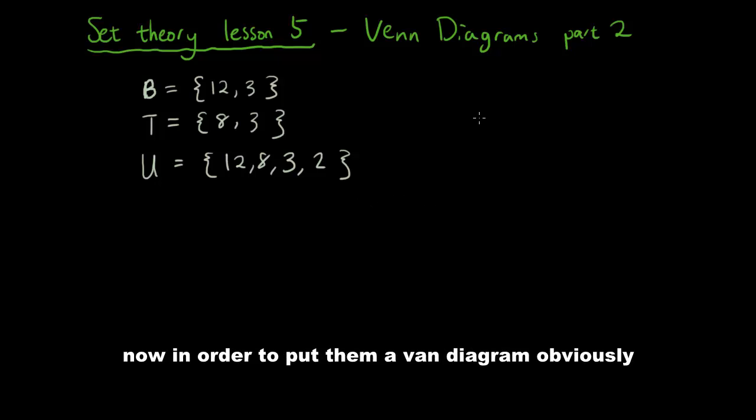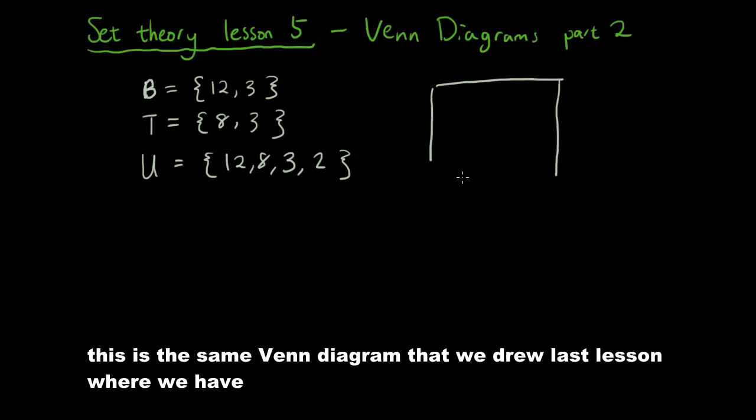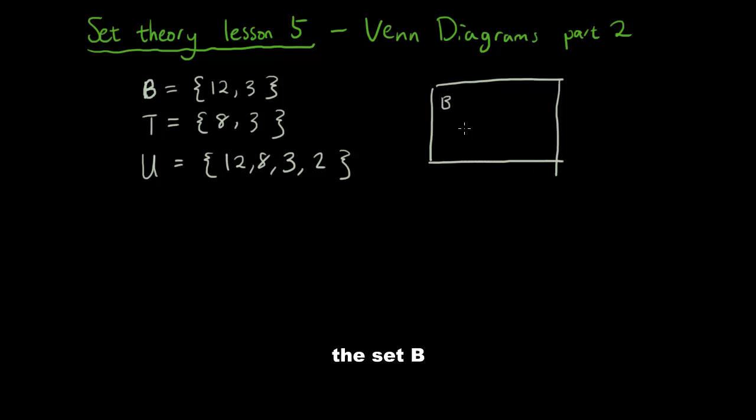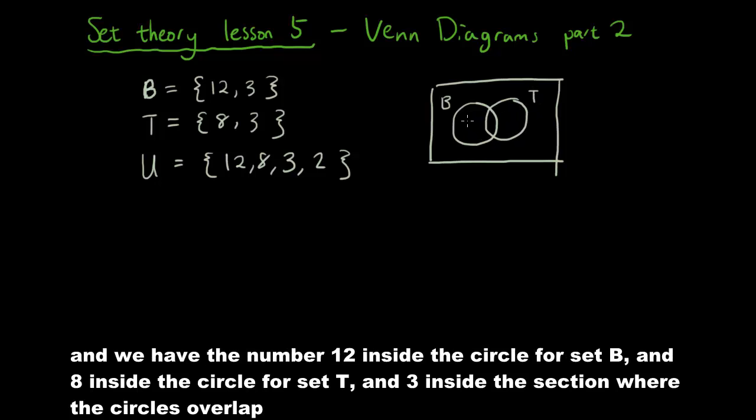Now, in order to put it in a Venn diagram, obviously this is the same Venn diagram that we drew last lesson, where we have the set B. It has a circle representing the set, and the set T, which is another circle, and we have the number 12 inside the circle for set B, and 8 inside the circle for set T, and 3 inside the section where the circles overlap.